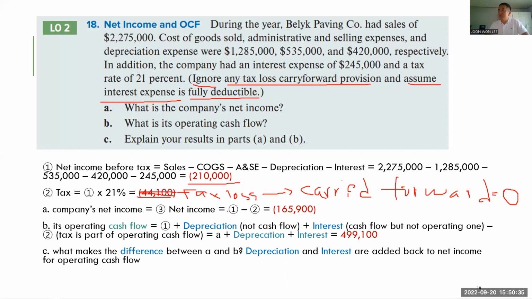Okay, so then 1 minus 0, and not this one, 2,100. 110,000.